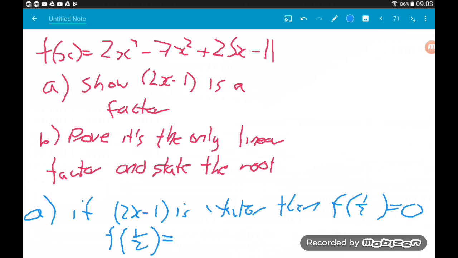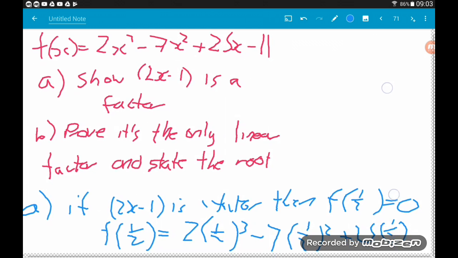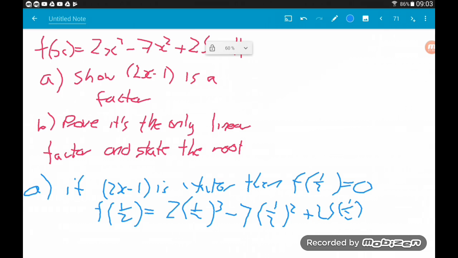So we're going to have two lots of 1/2 cubed, minus 7 lots of 1/2 squared, and then plus 25 lots of 1/2, and then minus 11 at the end.